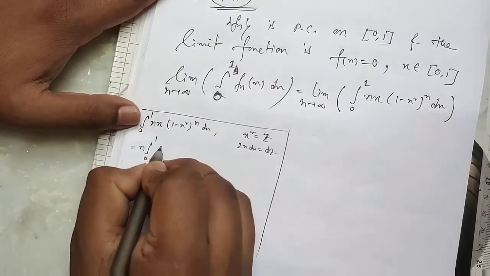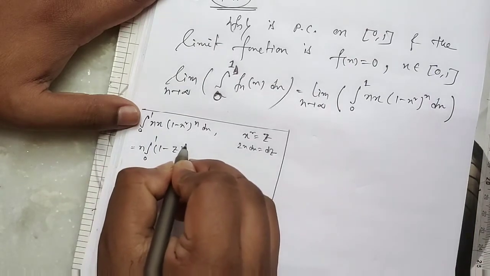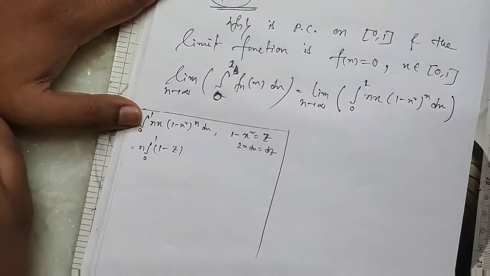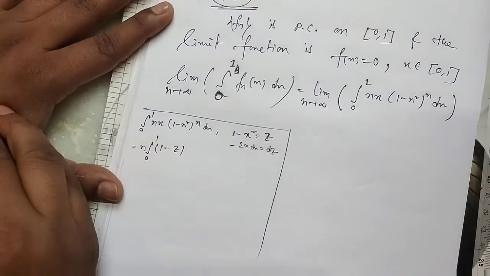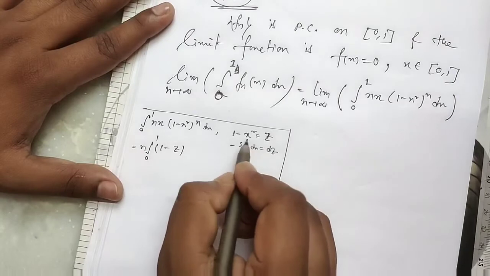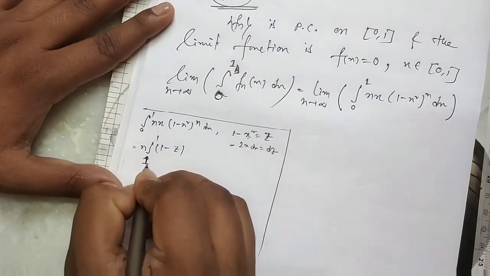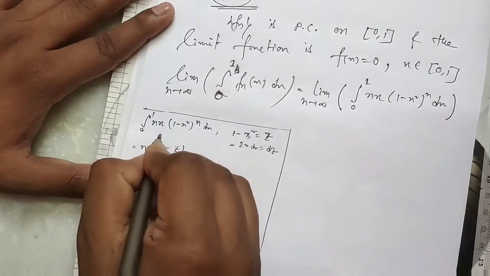If we take 1 minus x squared equal to z, then minus 2x dx equals dz. For x equal to 0, z equals 1, and for x equal to 1, z equals 0.